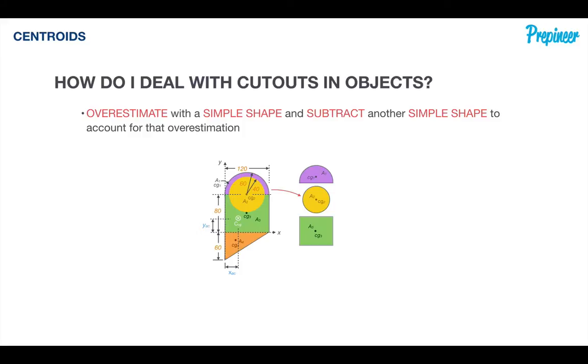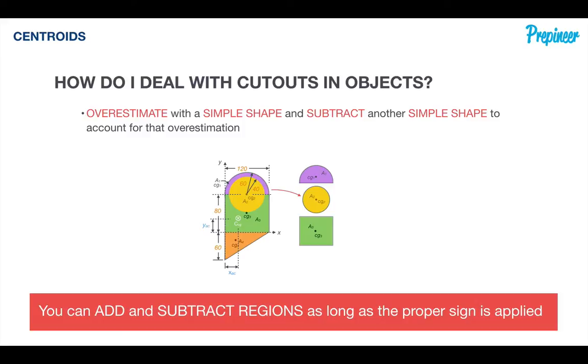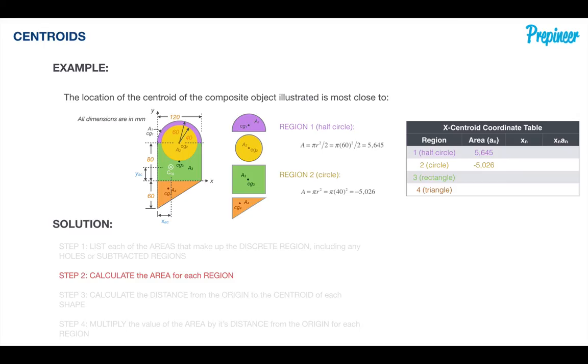It's just not possible, especially in the time you're given. So the important lesson is this: you can add or subtract regions from your estimated shape as long as you apply the correct sign to the area of the region when you calculate it. Areas being subtracted are always negative, and that's why we have this negative sign applied to this value right here.